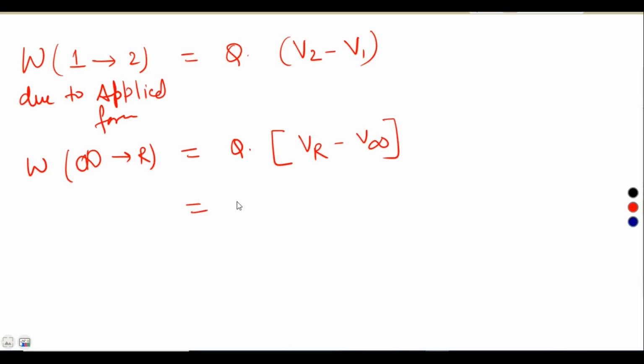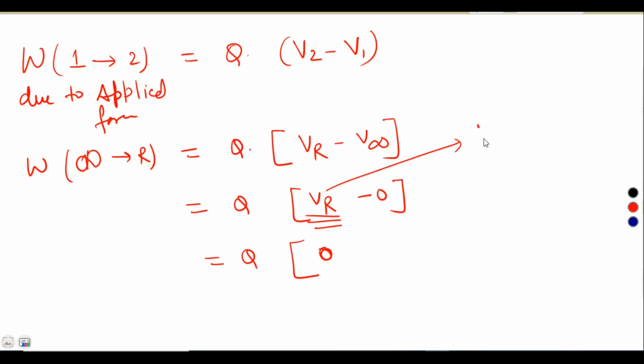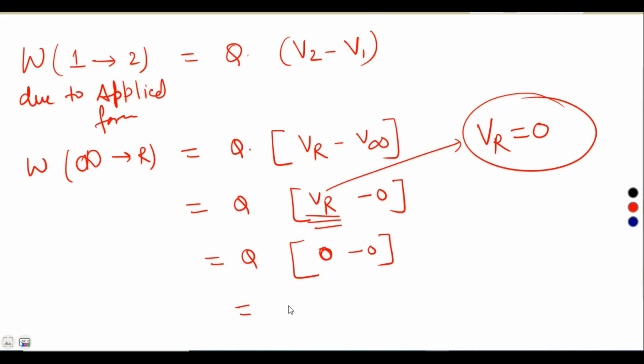So we have to write Q, and VR is also 0. We know the potential at point R is 0, as given in the question. So this will be 0 minus 0, so this will be 0, so there will be no work done, right? So this completes our question here.